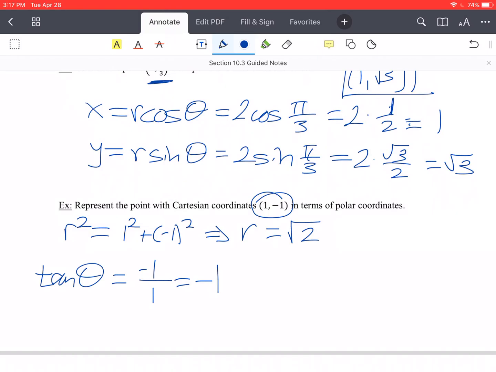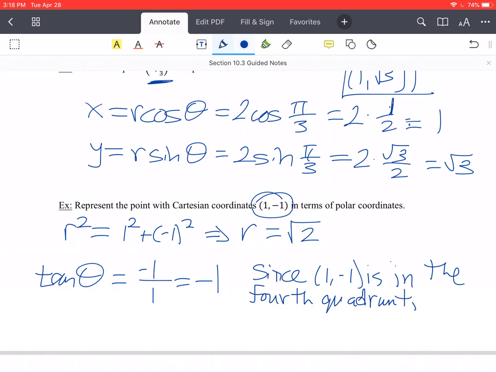So since the point (1, -1) is in the fourth quadrant, we choose the value where tangent is negative 1 in the fourth quadrant.